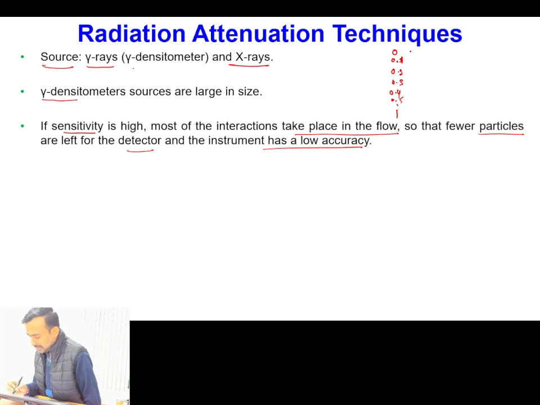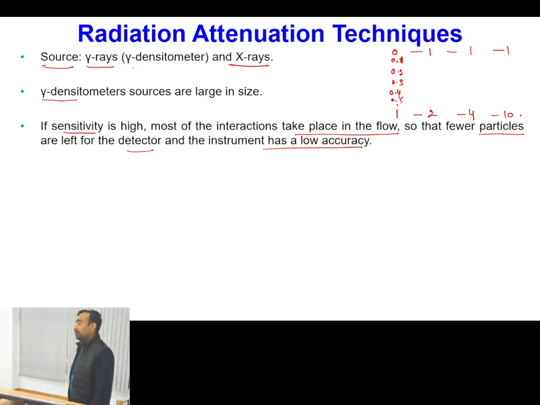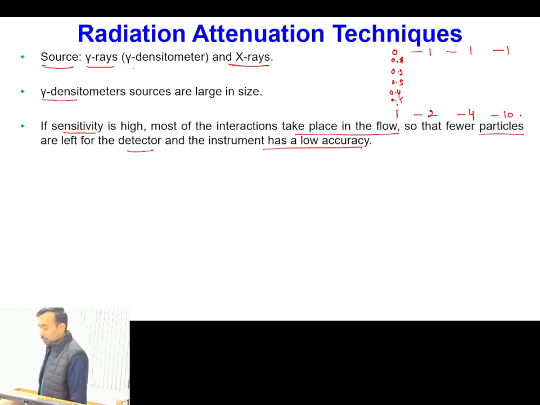Now, corresponding to 0 void fraction, one value of signal I am getting is 1, and corresponding to the other end I am getting 2. In some other device I am getting 1 here and 4 there. In some other arrangement I am getting 1 here and 10 there. Now can you tell me which one is more sensitive, which one is more accurate?